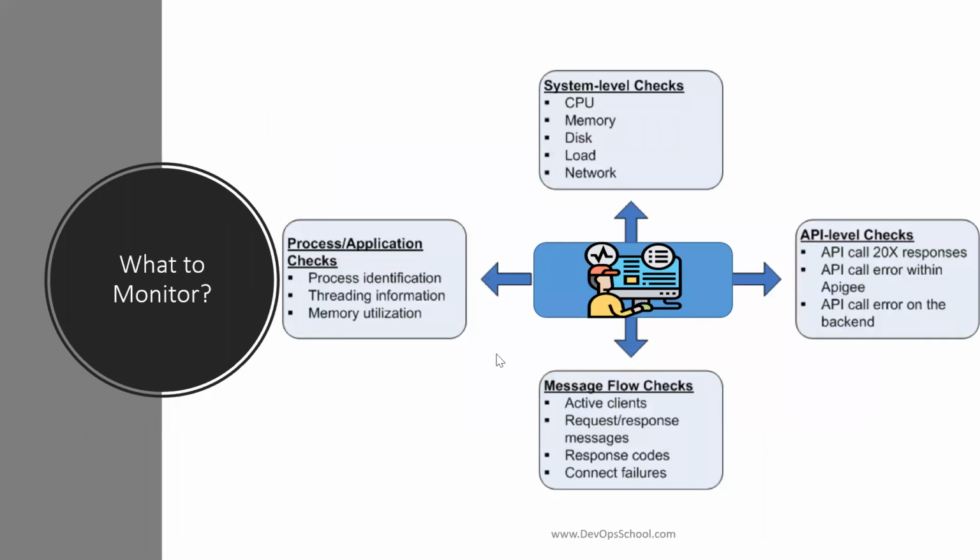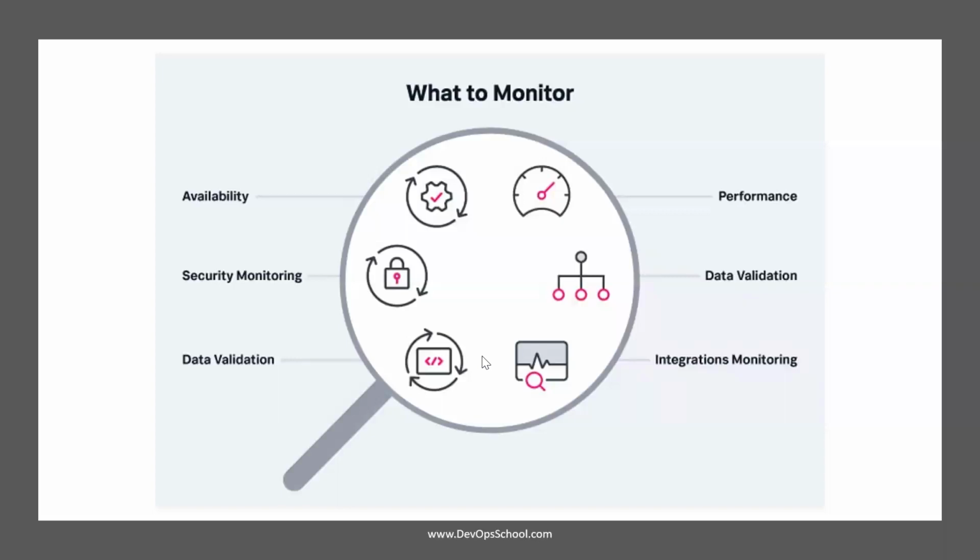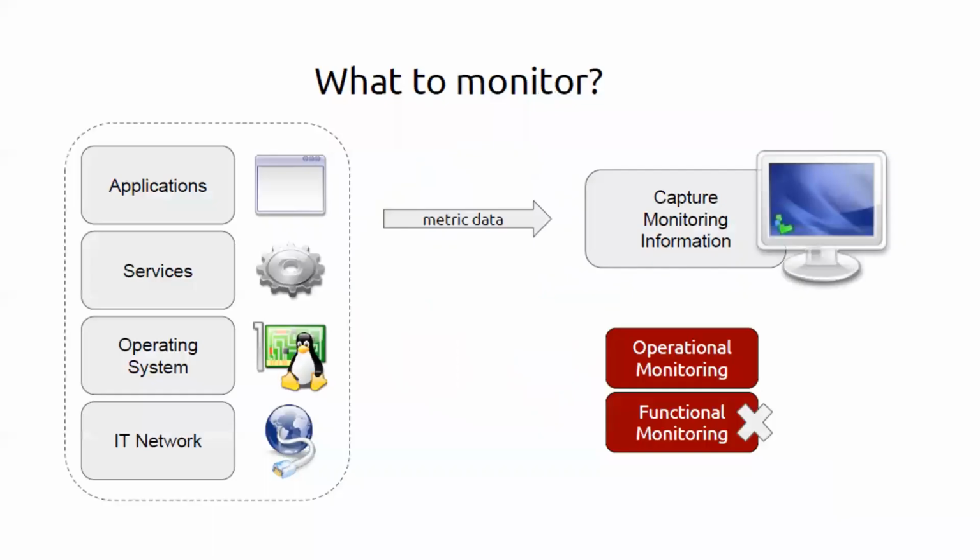These are the high level checks, and I believe all of you are comfortable. Primarily we monitor to make sure of availability, security monitoring, data validation, integration monitoring, and performance. These are the ways in which we do the monitoring.